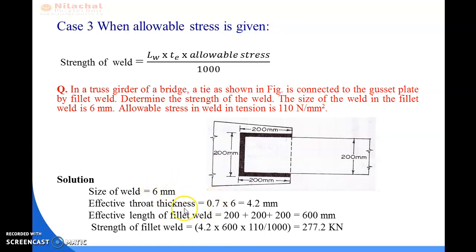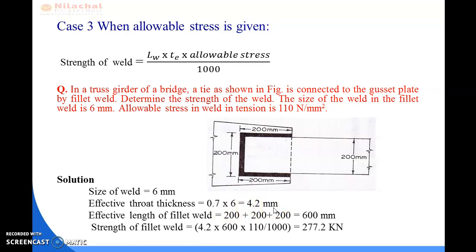So the effective throat thickness for this kind of welding is K into S, where K is 0.7 and S is given as 6. By multiplying these two values, we get 4.2 mm.